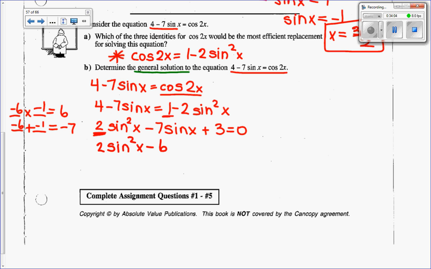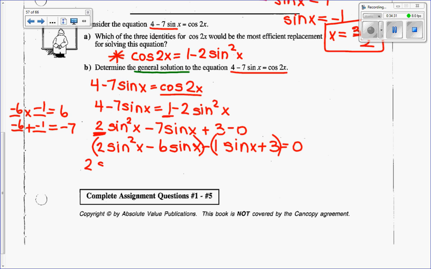minus 6 sine x minus 1 sine x plus 3 equals 0. Then remember, I group my first two together, I group my last two together, and then I factor out any common factors.